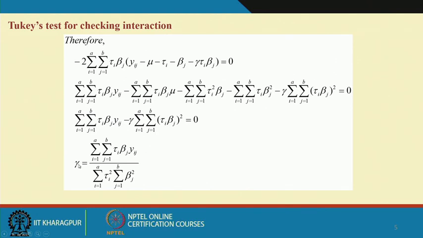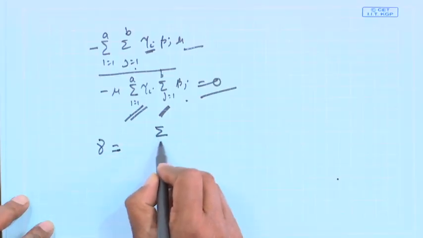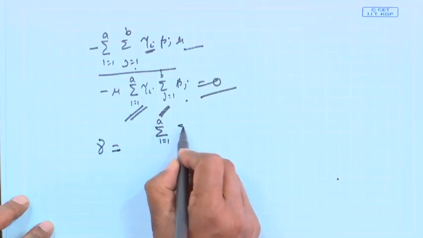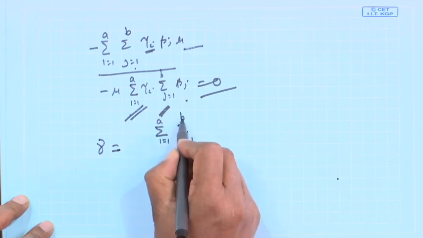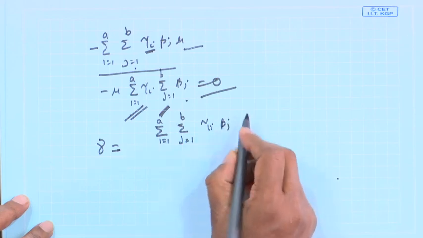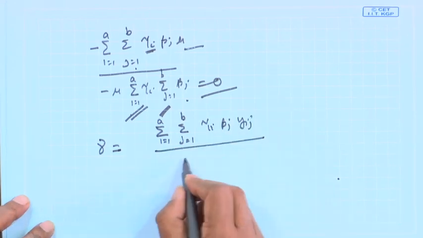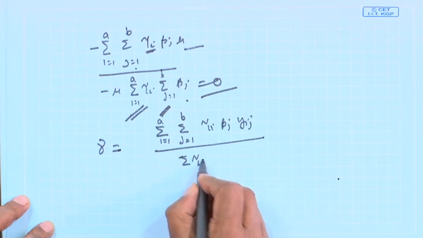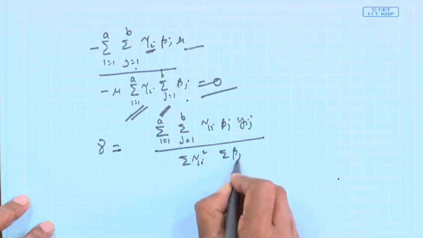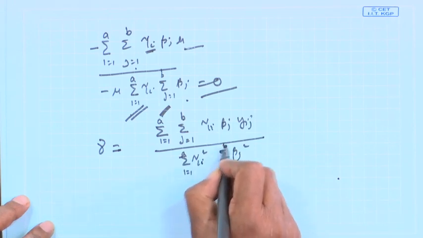So, what you are getting is gamma equal to the sum over i equal to 1 to a, j equal to 1 to b, of tau i beta j y ij, divided by the sum of tau i squared times the sum of beta j squared, i equal to 1 to a, j equal to 1 to b.